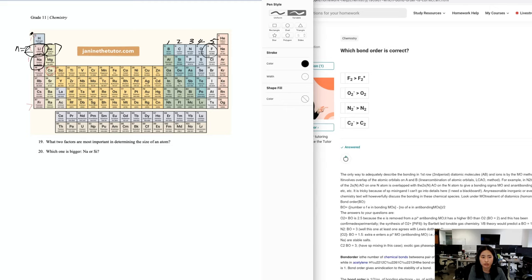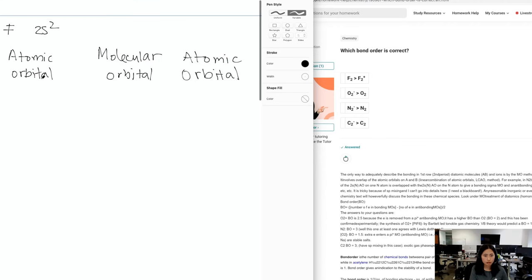Remember, these two are your columns for your s orbital, and then you have your p orbitals on the right side. We know that fluorine is found in p5 at n is equal to 2. So that's why it's 2s2, 2p5.